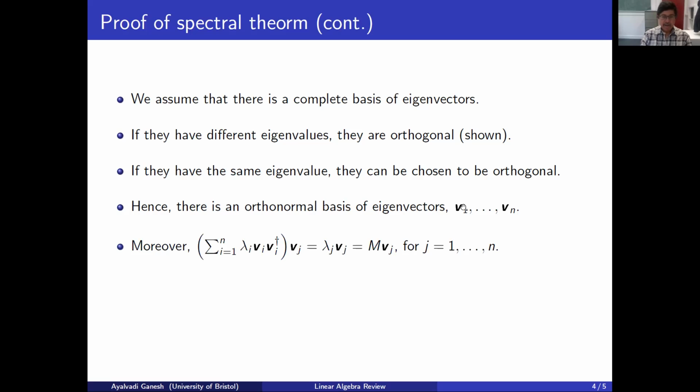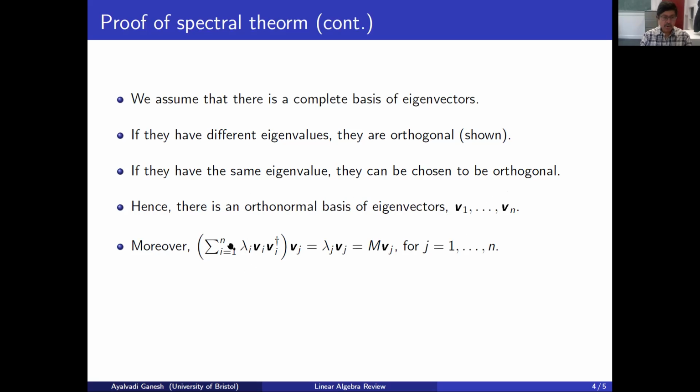Okay, and the last bit I have to show is that I can write M as the sum of lambda_i v_i v_i dagger. How do we show that? I want to show that M is the same as this matrix.